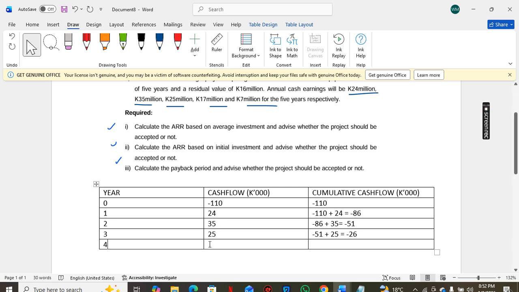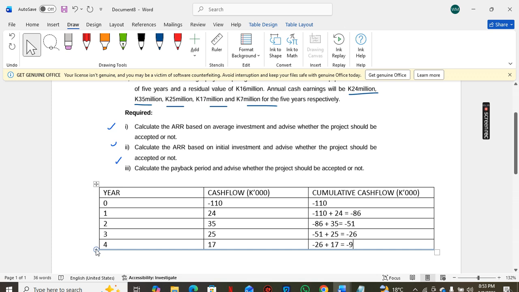Year 4, 17 million. We're going to say negative 26 plus 17. Negative 9. Negative 9 million.